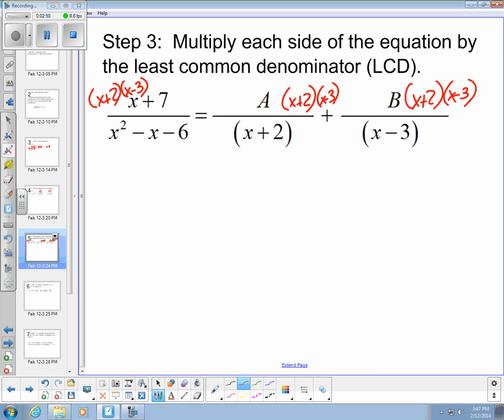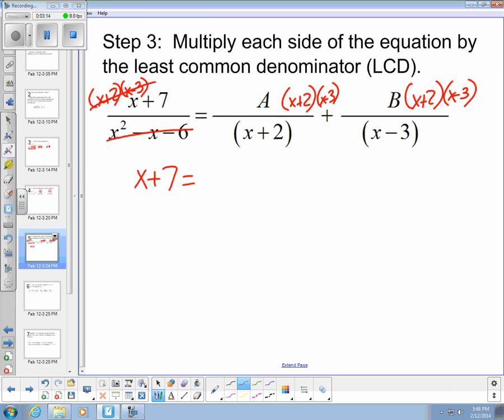Now, let's see what we can cancel out and make this a simpler equation. The point of doing this is to get rid of the fraction so that we just have a simple equation we can solve. Okay, now remember, the x plus 2 times x minus 3 came from factoring this first denominator. So this whole denominator is going to cancel out on your original side of the equation, which just leaves us with x plus 7.